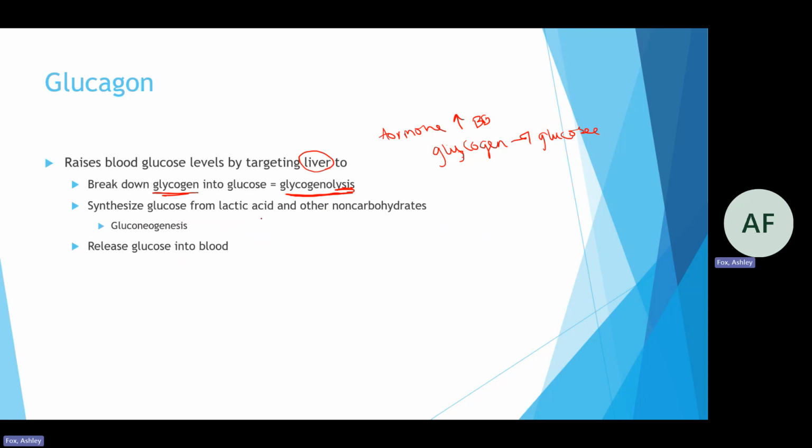You can also make glucose from lactic acid if it's around, from anaerobic metabolism, and other non-carbohydrates. The non-carbohydrates that we're talking about are lipids and amino acids. So we can use other sources in our body.